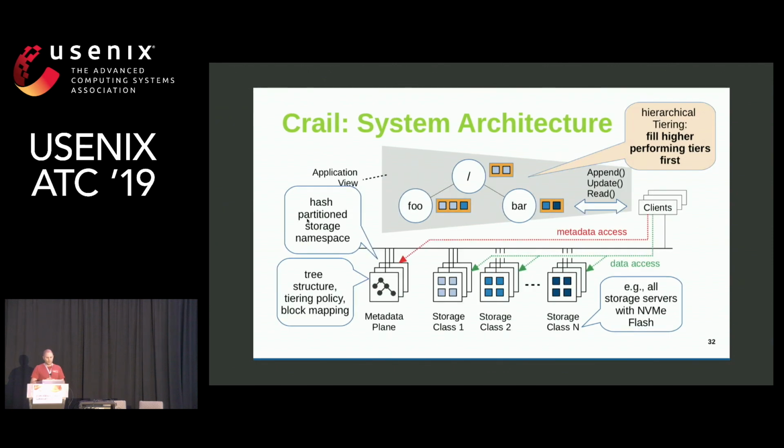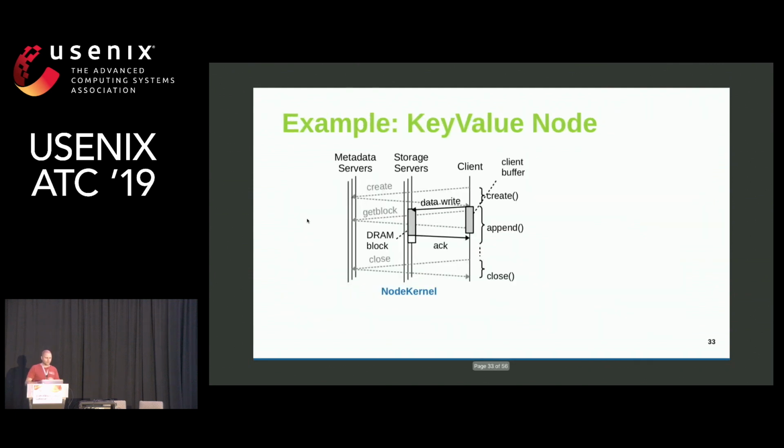Given that architecture with a metadata plane and a data plane, almost every one of these data operations to append or read or update data requires two operations, one involving the metadata server to find out which storage server has the block, and one operation to actually read or write the block. And this message flow is illustrated by this figure for the example of appending data to a key value node.